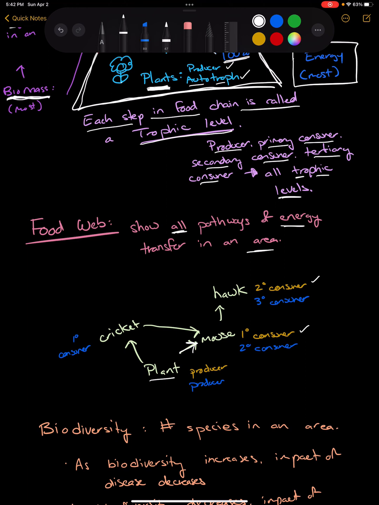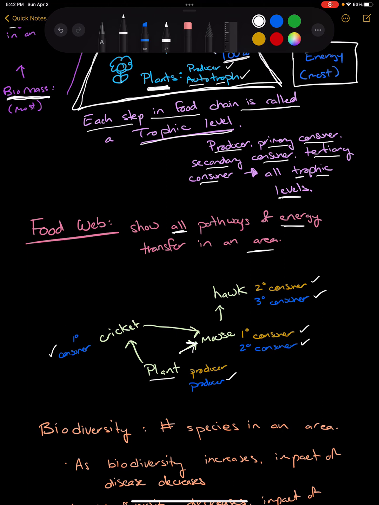But if I follow another pathway, my plant was my producer, and then the crickets eat the plant, he's my primary consumer, sorry. And then my mouse eats the cricket, now he's a secondary consumer, and now my hawk would be a tertiary consumer.